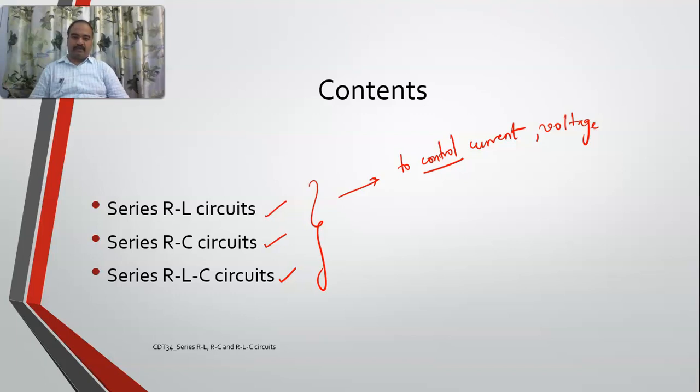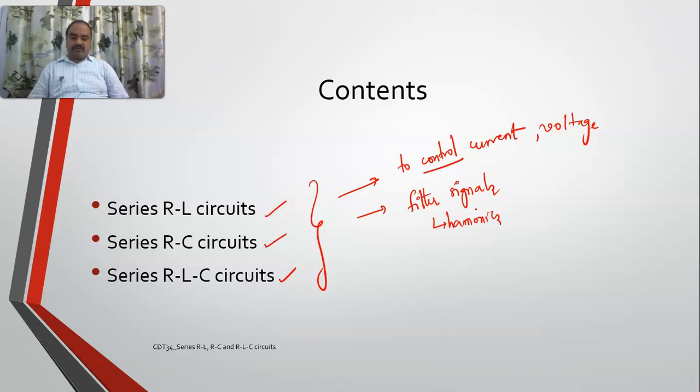You want to block the voltage, cut down the voltage or minimize the peak, or in other words, you want to filter some signals, you want to filter out some harmonics. So all these things can be done by using your simple RL, RC and RLC circuits.